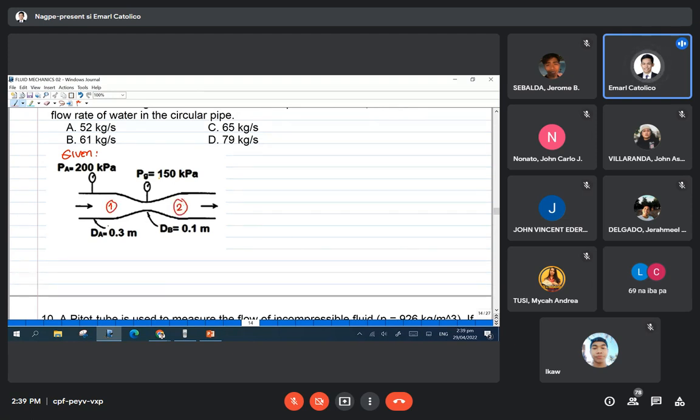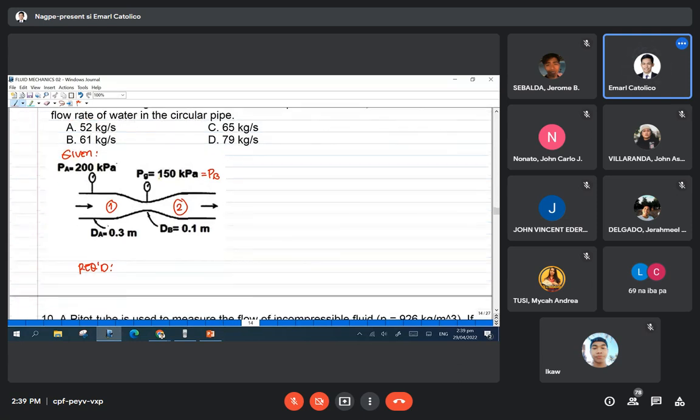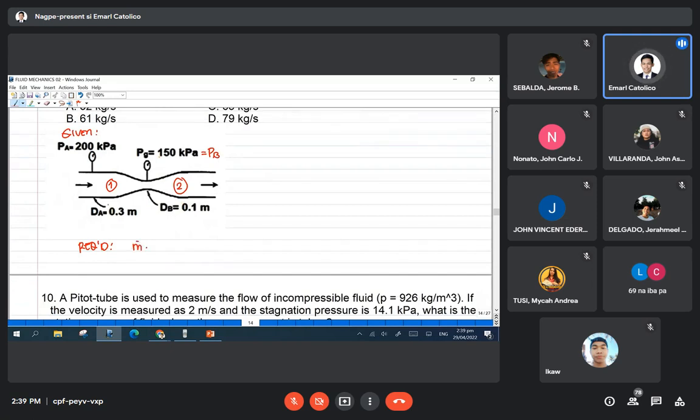Point 2 natin, PB and DB. Okay. So ang hinahanap dito ay mass flow rate of water. So m dot. So required natin is mass flow rate.